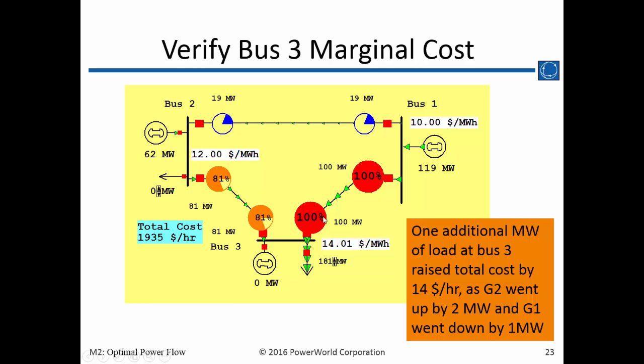In so doing, we keep the flow balanced on this transmission line, and extra flow just ends up showing up on this one because the 2 megawatts here cancels out the flow from 1 megawatt here. So this line stays balanced at its limit, and the 2 times 12 minus 10 is where the 14 comes from.